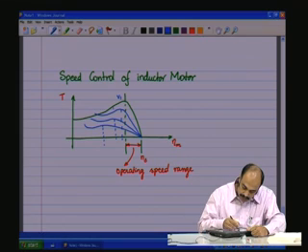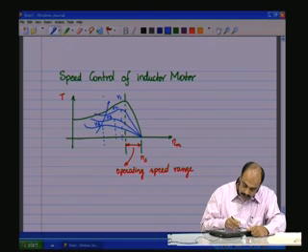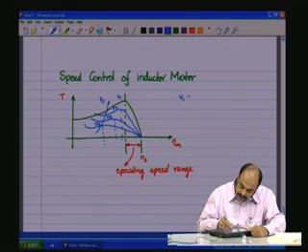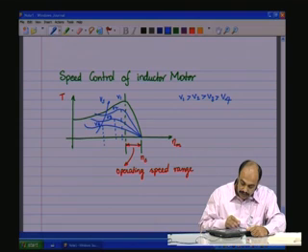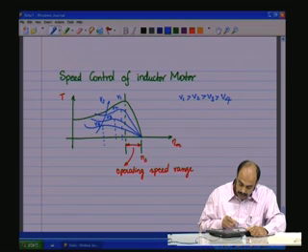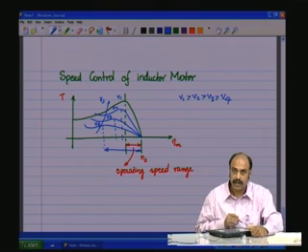Let us say this is V1, V2, V3, V4, with Vs increasing, so V1 is greater than V2 is greater than V3 is greater than V4, which means as you decrease the stator voltage, the torque speed curve becomes like this, and the operating point is extended, so you have a much larger speed range at a lower voltage.